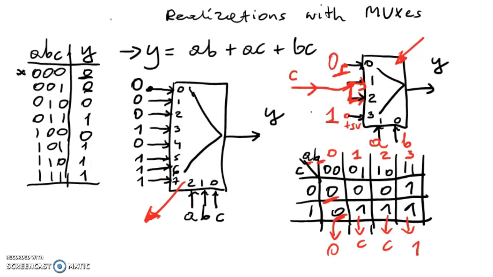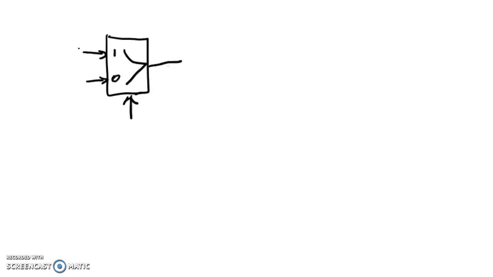Okay, so the third case will be how to implement the same function using the smallest possible multiplexer, having only a single select line and two data inputs denoted by 1, 0 to show indexes, and Y should be the majority of ones, and so on. And the question is how to do it exactly in the same way as before.